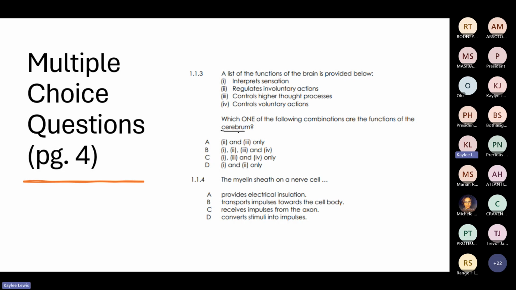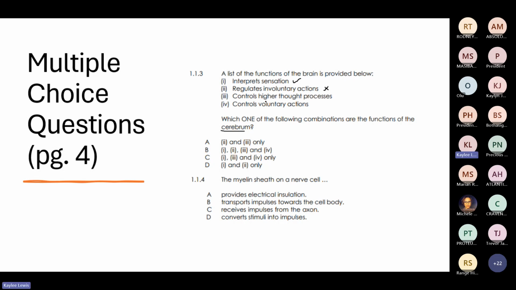They want the cerebrum. So now we go to our list. Does the cerebrum interpret sensations? Yes, it does. Does it regulate involuntary actions? No. What part of the brain regulates involuntary actions, such as breathing and your heart rate? That would be your medulla oblongata.